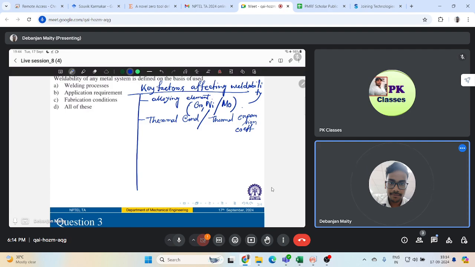What else? Melting point. Melting point also can affect your weldability. I will come to that one by one. Then you can have residual stress in your structure that can also affect your weldability.